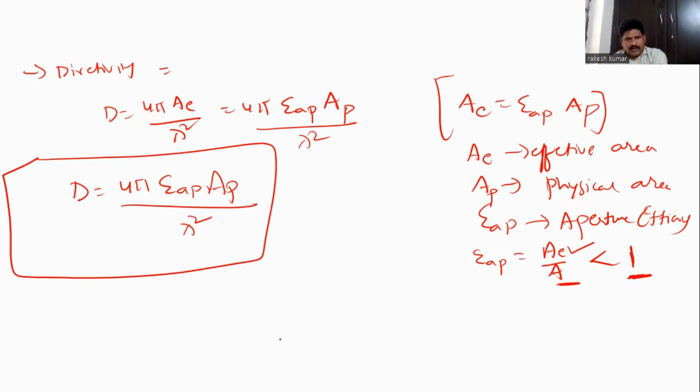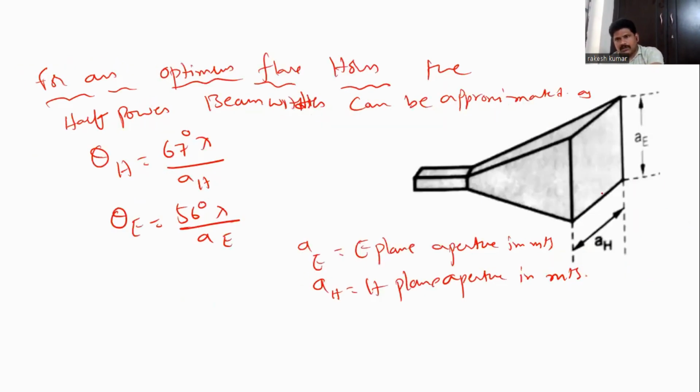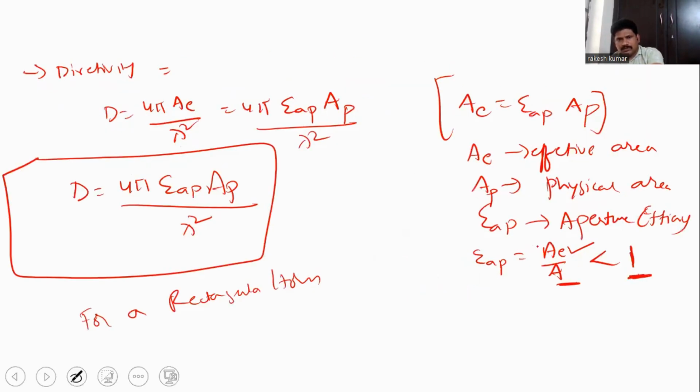For a rectangular horn, see here, this is my rectangular horn. What is the aperture area? Aperture area is nothing but the multiplication of AE into AH. So for a rectangular horn, physical area is equal to AE into AH.